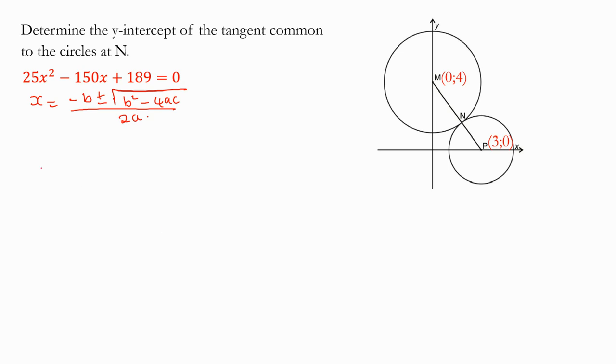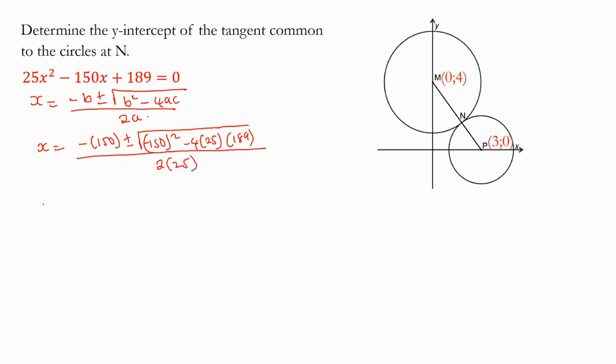Right, and then let's substitute: x equal to negative negative 150, then plus or minus the square root of negative 150 squared minus 4. a is 25, then c is 189. All this over 2 times 25. Then you put this in the calculator. So you get that x is equal to 9 over 5, or x is equal to 21 over 5.